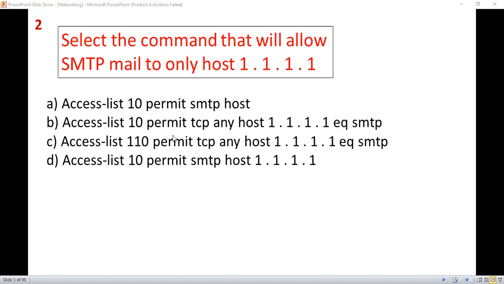When we try to find the answer for this question, does anyone know what SMTP is? What is SMTP? Guys, do you have any idea about SMTP? Yes, SMTP is the Simple Mail Transfer Protocol, and it is used to transmit email between a server and an email client.